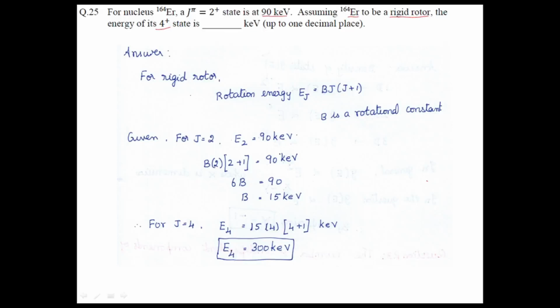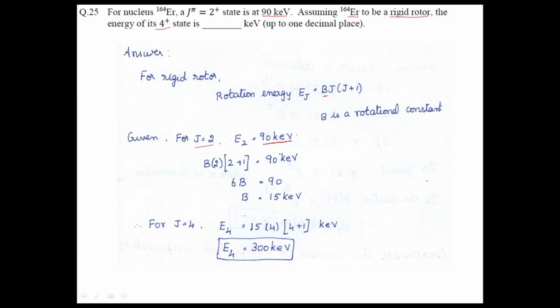For a rigid rotator, the rotational energy is given by Ej equal to B j (j plus 1). Here B is the rotational constant. From the given data, we have to find the value of B and then we will find the energy of the 4 plus state. In the question, J is equal to 2 and the corresponding energy is 90 kilo electron volt.